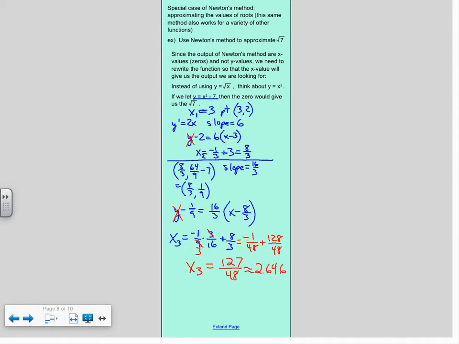If you do 127 divided by 48 in your calculator, you get a value of around 2.646. And just out of curiosity, let's check what the square root of 7 is. Square root of 7 is around 2.64575.